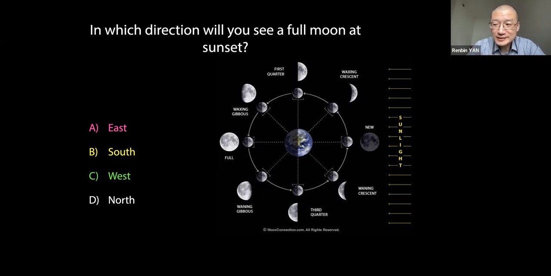You may have seen this around the Mid-Autumn Festival. So again, this is sunset, and which direction is the horizon? And where is the full moon on that horizon?